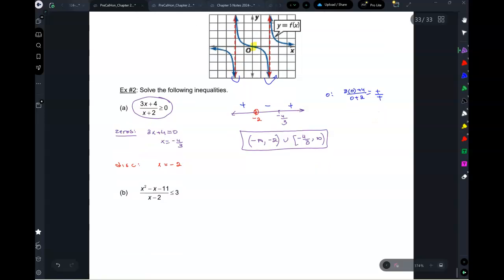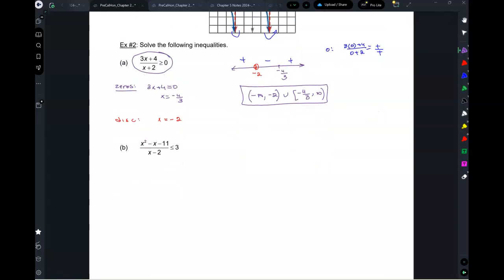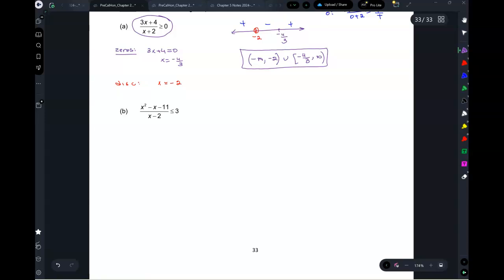Hang on, let me do another one and then I'll take a question. Okay. So here we go. This one, let us multiply both sides by x minus 2. It's the same as cross multiplying.